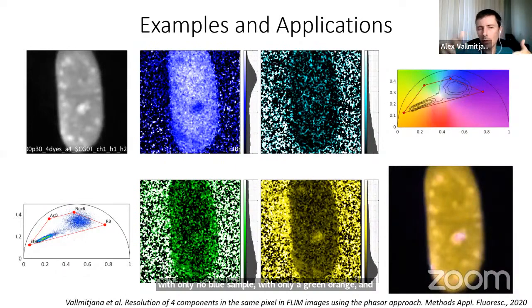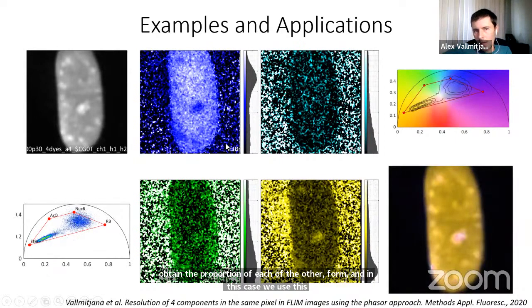And once you have the four pure components, then you measure a fifth sample that has all four of them together. And then the method allows you to, for each pixel in the image, obtain the proportion of each of the four. In this case, we use a color scale in which black would be a zero value of the weight of the ethidium bromide at that pixel.